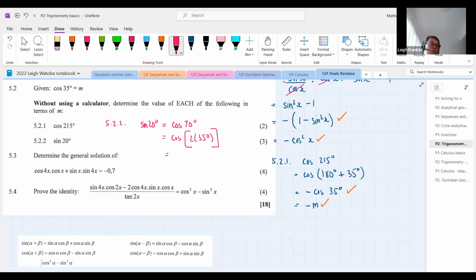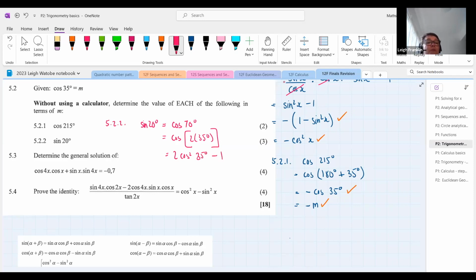When you are doing ratio in terms of a letter, it does not matter which of your cosine double angles you use. For some reason, I tend to prefer 2 cos squared theta minus 1, but it doesn't matter. So we've got 2 cos squared 35 minus 1.